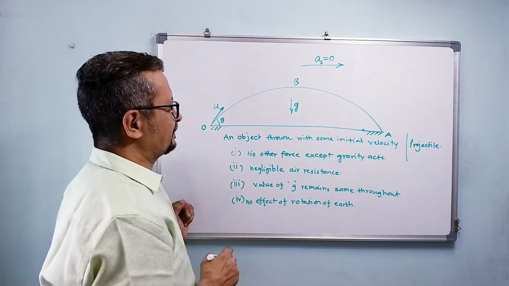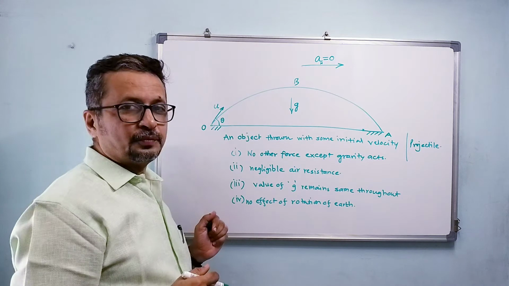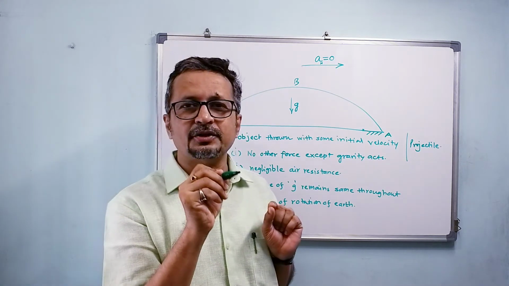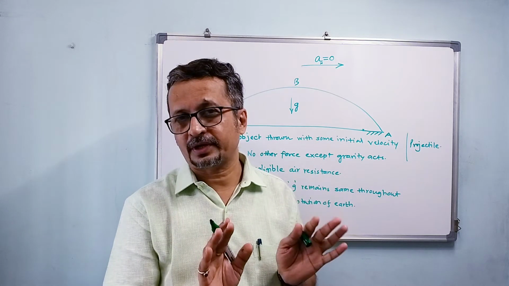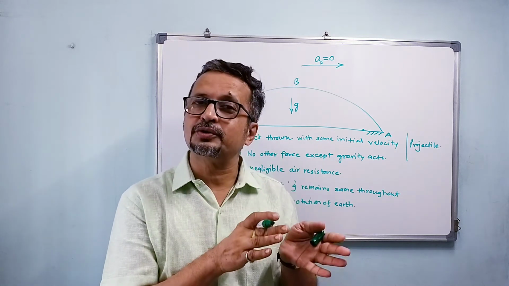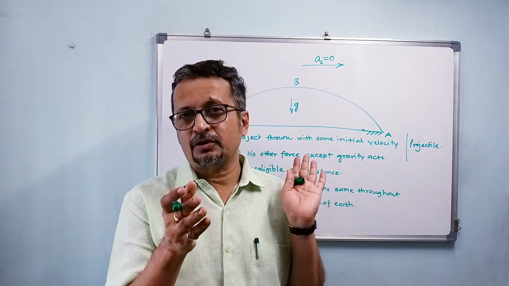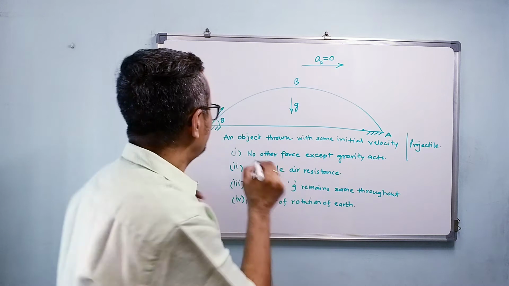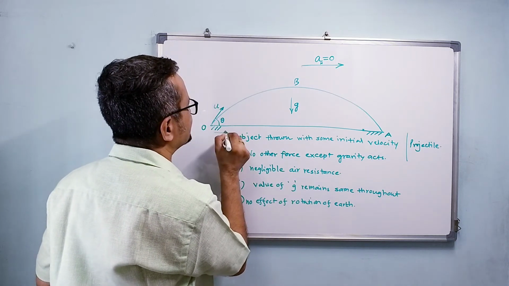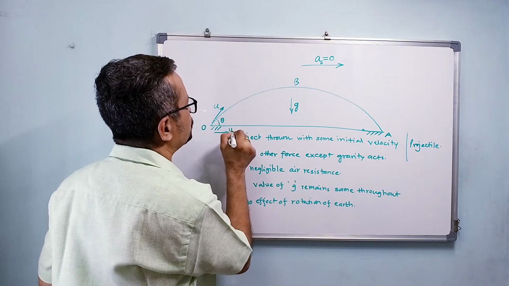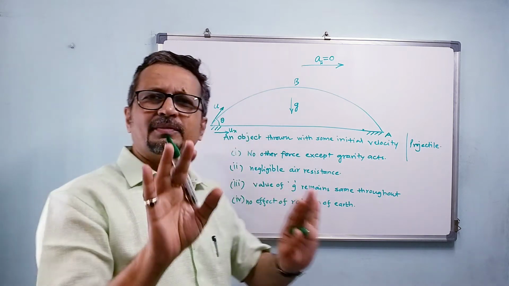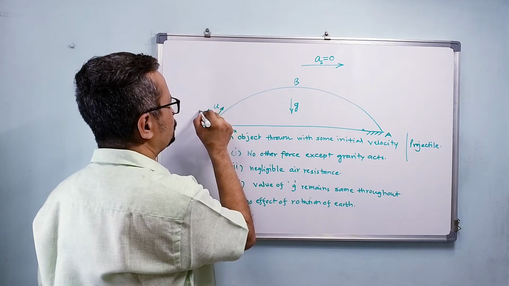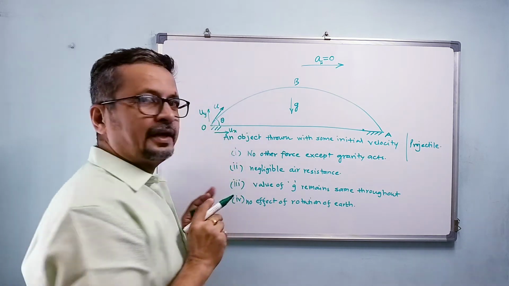Now in this case, this velocity u, I can resolve into vertical and horizontal components. Since there is no horizontal acceleration acting on this ball, its horizontal velocity, which I am going to call ux, is going to remain constant, and the vertical velocity uy will change.